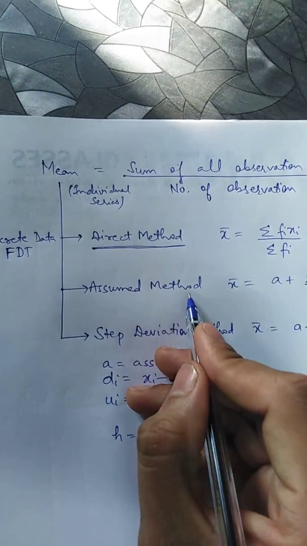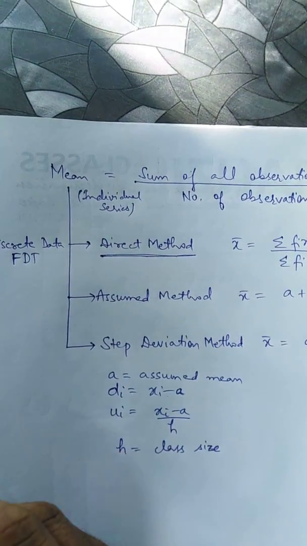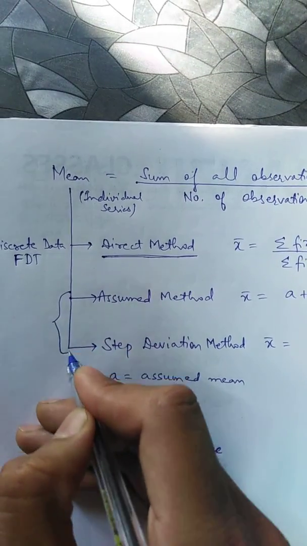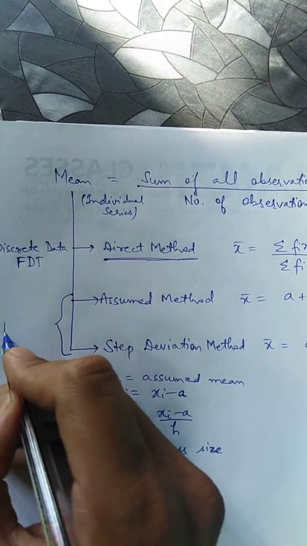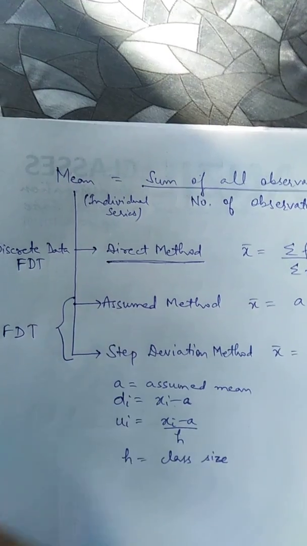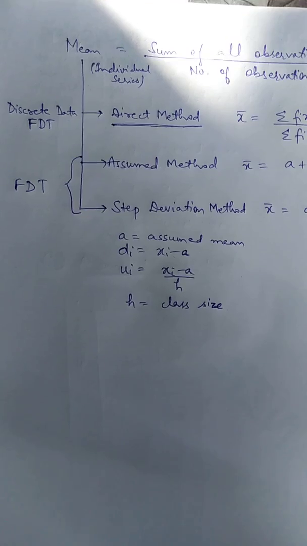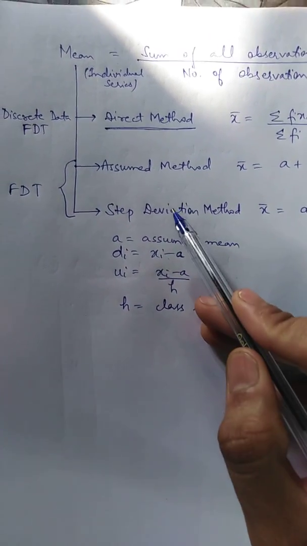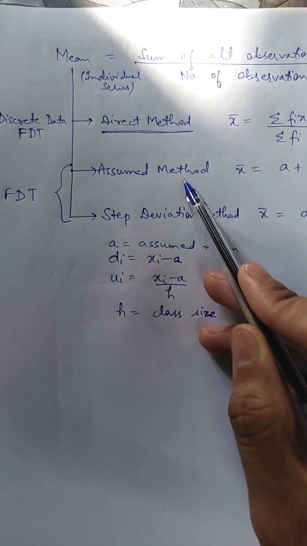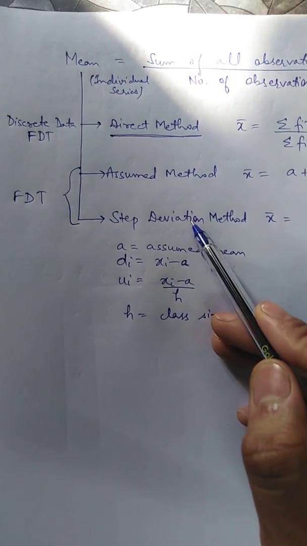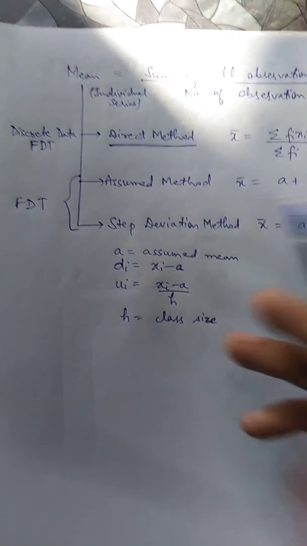Next is the assumed mean method, and the fourth one, the step deviation method. These two can be used only for a frequency distribution table. Rather, these can be used for discrete data also, but it is convenient to use them for a frequency distribution table only.